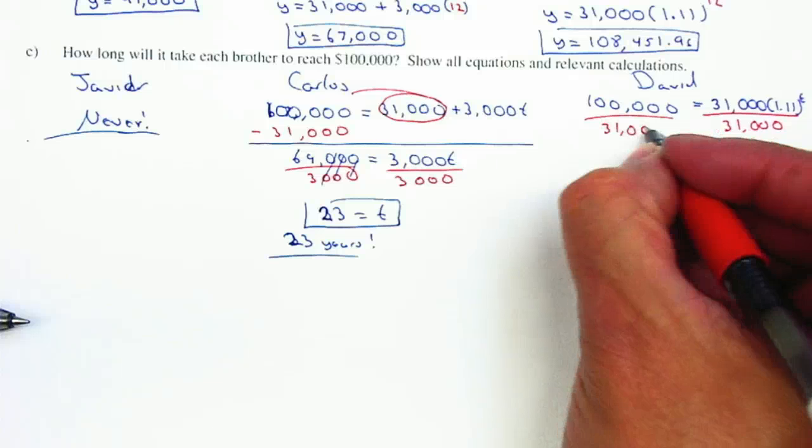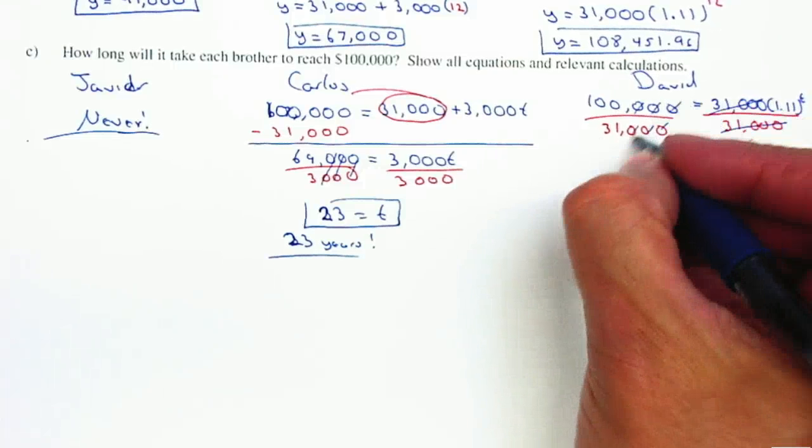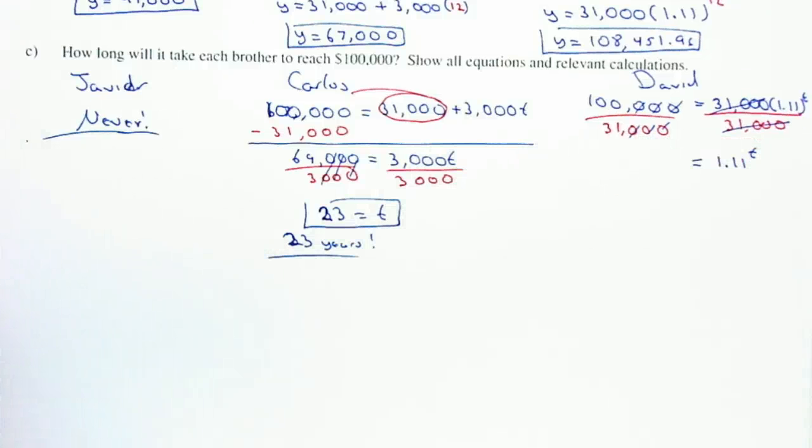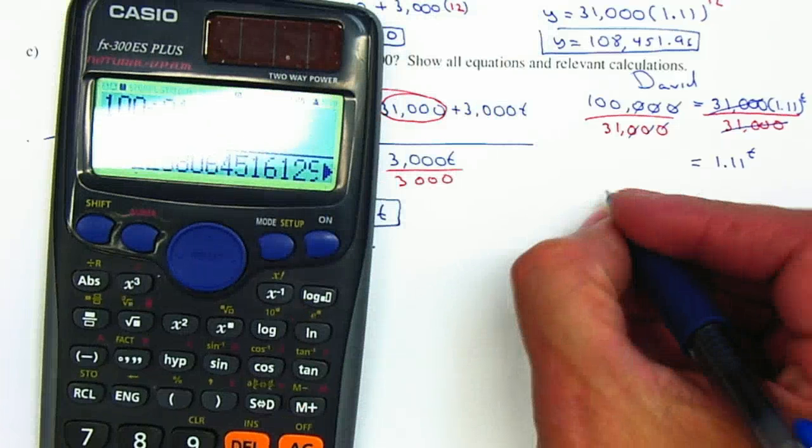The 31,000 cancels, so I have 1.11 to the power of T. And I can cancel the zeros. I can use my division or my calculator to divide. I'll be getting a decimal, which is fine. And that gives me 3.22.